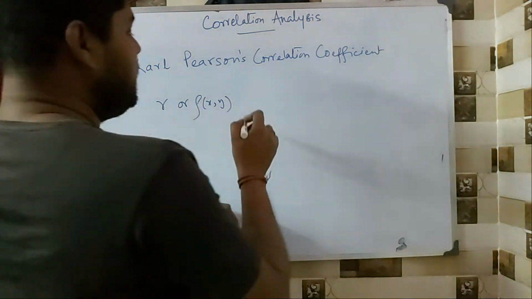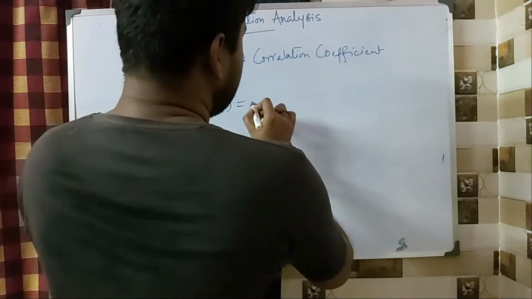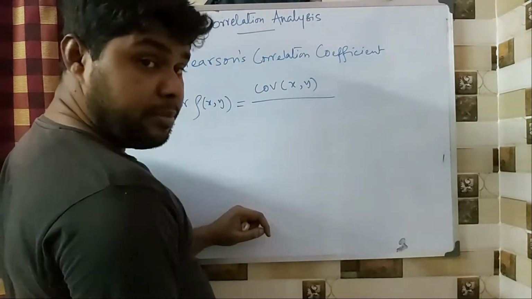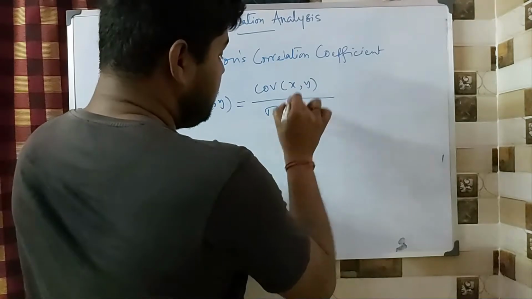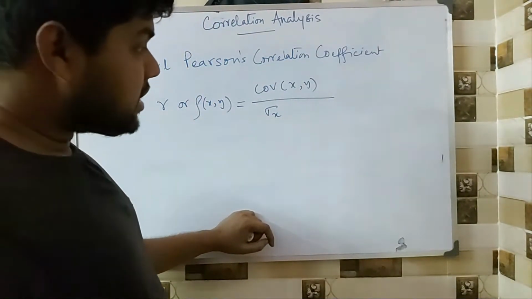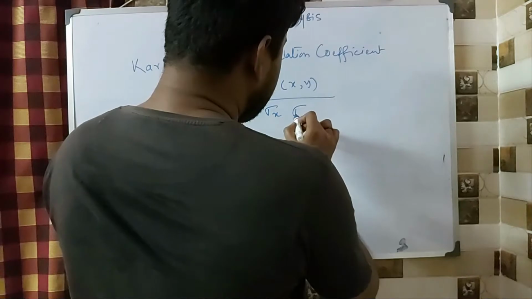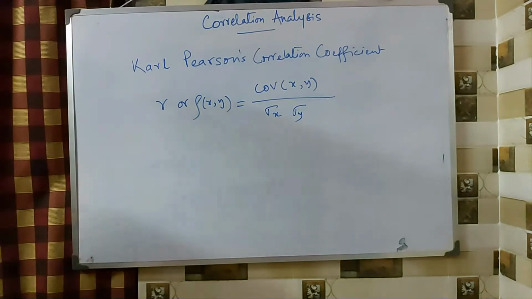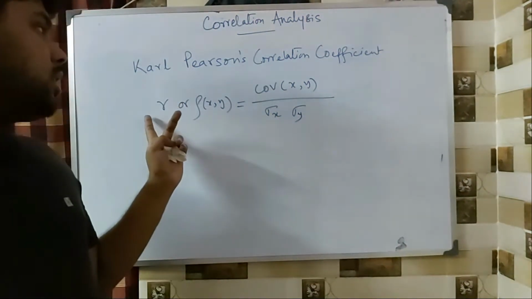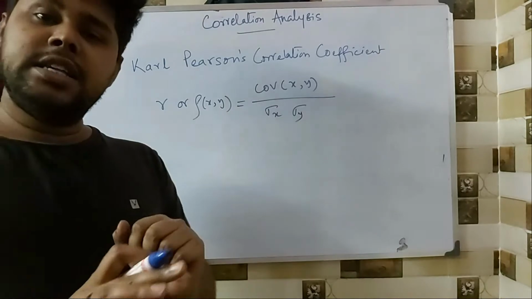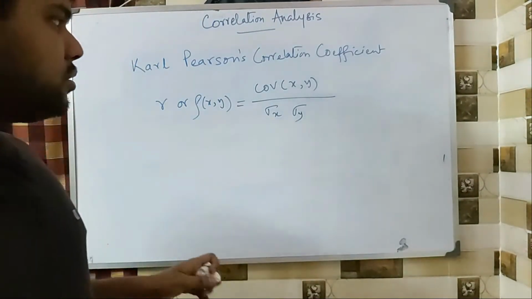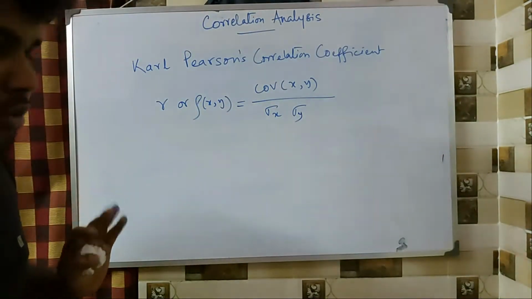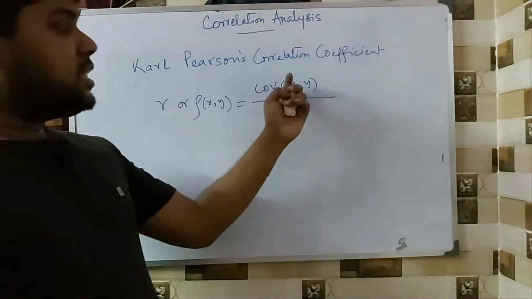And this is basically the covariance of x comma y divided by the standard deviation of x times the standard deviation of y. So that is the formula for finding the correlation coefficient. Now obviously, as we are not doing two types of correlation coefficient, by the word correlation coefficient I always mean Karl Pearson's correlation coefficient. So this is the formula.